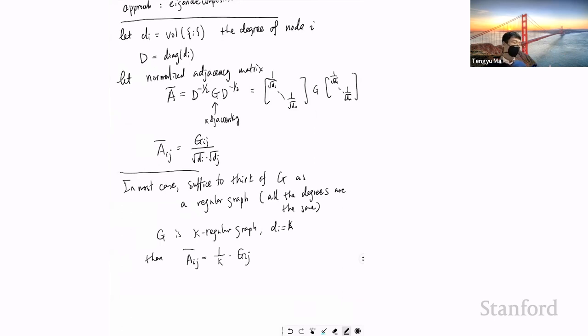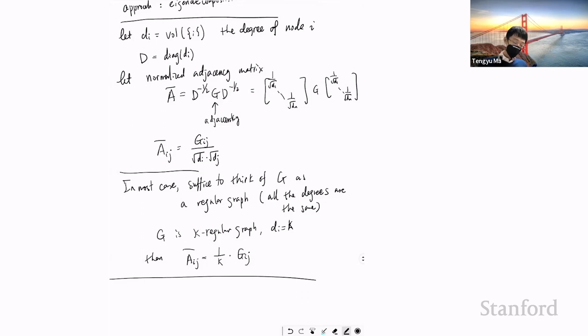But this scaling is important in the formula sense because it's going to make the formula very clean, but it's not fundamentally super important. If you don't want to think about the di and dj's, you pretty much can think of this simple case where you have a regular graph.